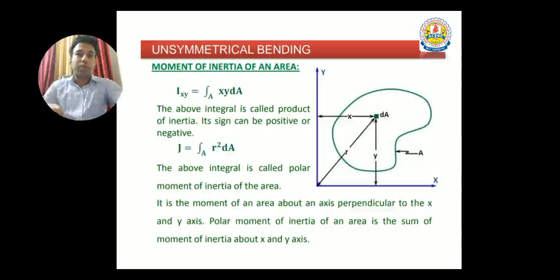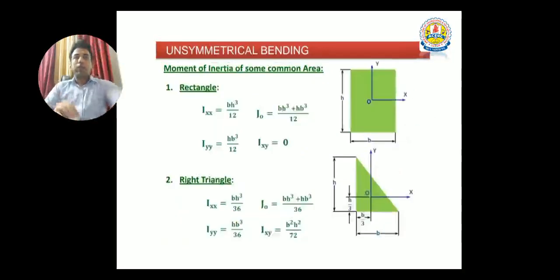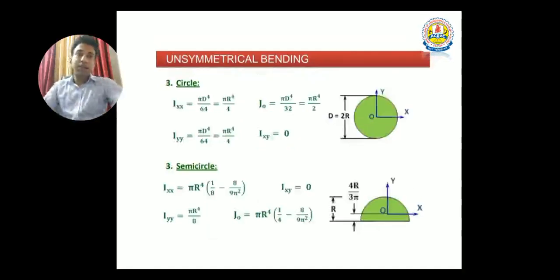Now if we consider Ixy, the product of inertia, it can be positive and negative both. First we have to know the moment of inertia of these common areas: rectangle, right angle triangle, circle, semicircle.